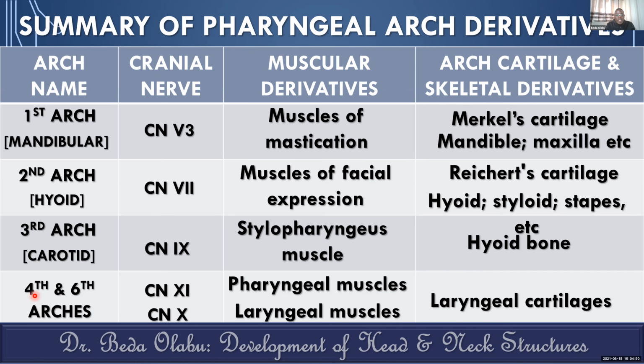And on the right side, it recurs under the right subclavian artery. How about the sixth arch artery? The right sixth arch artery becomes the right pulmonary artery, while the left sixth arch artery becomes the left pulmonary artery, as well as the ductus arteriosus.